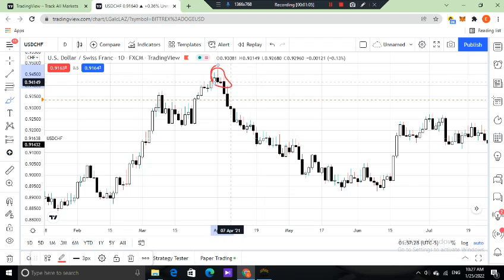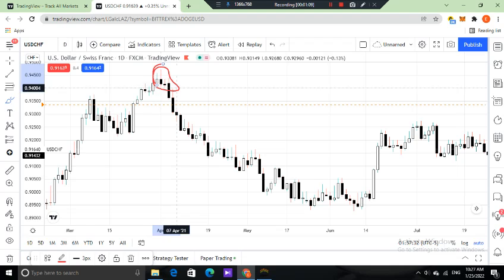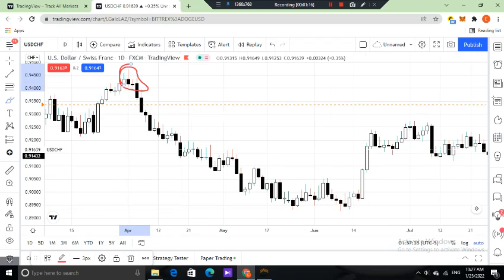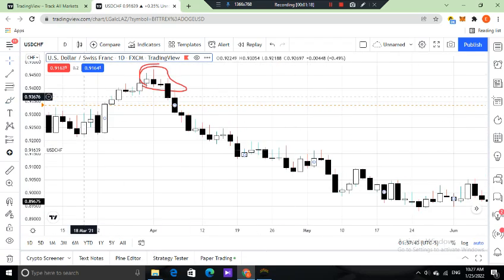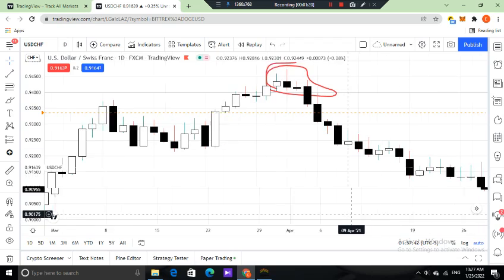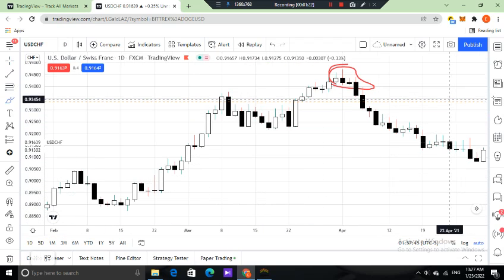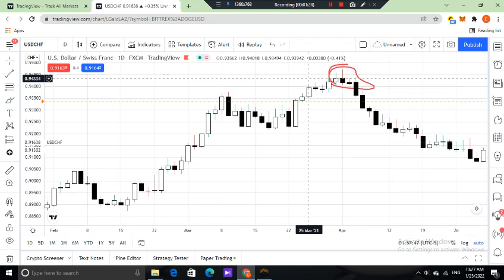In this case, this is your signal bar, but this one can't be your entry bar because it's so feeble, but this one is a good entry bar. So let me erase this.